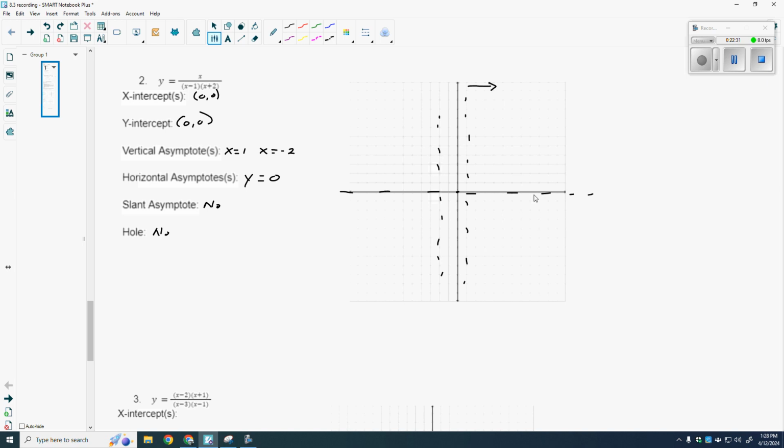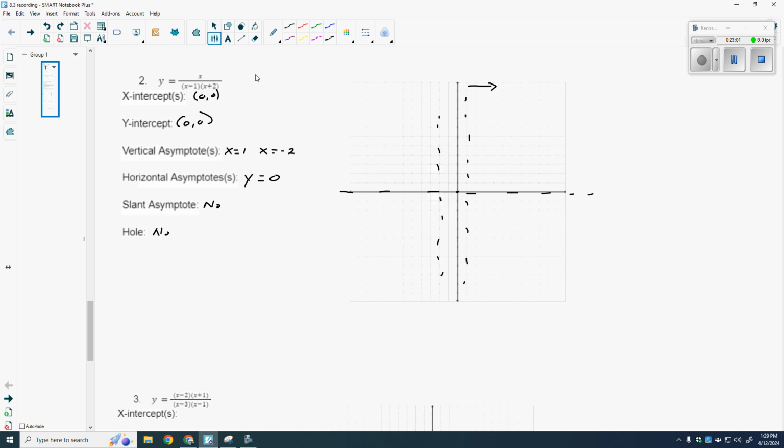Since my graph never passes through the x-axis, if I plug in an x value greater than 1 and get a positive value for the function, my function is always going to be positive over here. And vice versa. If I plug in a negative, it will always be negative because it never passes through 0. The only way to get from up here to down here is to go through the x-axis, and it never does.